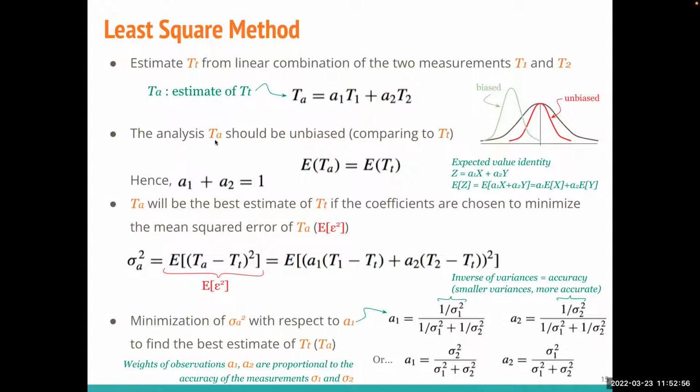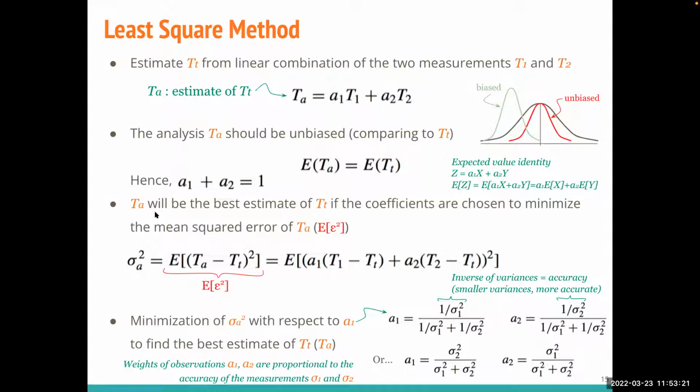And the analysis TA should be unbiased. So we still think of it as the unbiased value, compared to your true value. So A1 plus A2 should be 1, of course. These are the weights for each of your measurements.